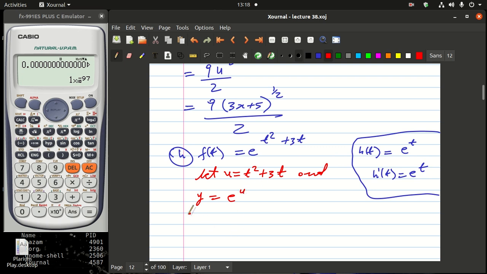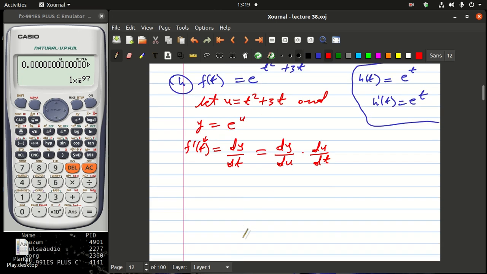And then after that, my f prime of t, which is just supposed to be dy dt because the independent variable is t there. I notice that my y is not in terms of t, so I want it in terms of u. So I'm going to have dy du times du dt, which was this dt here.